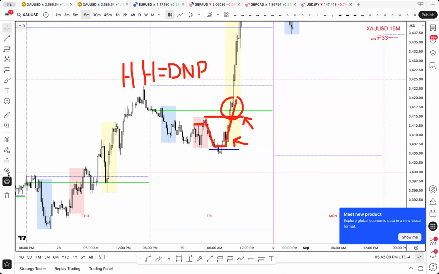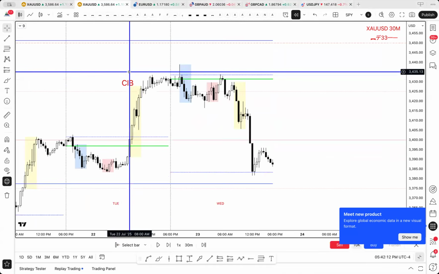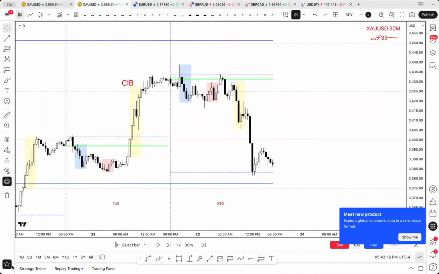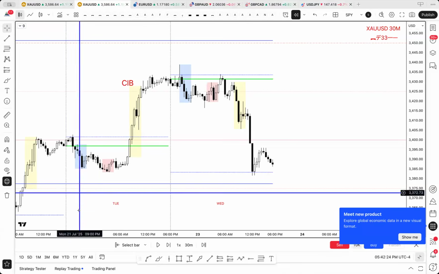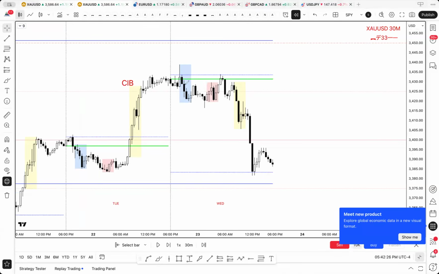Pretty simple. Now, if we go to our next example here, huge difference. Look at the closing price on this one compared to this one. The closing price is up top, and they're not necessarily dumping it down.